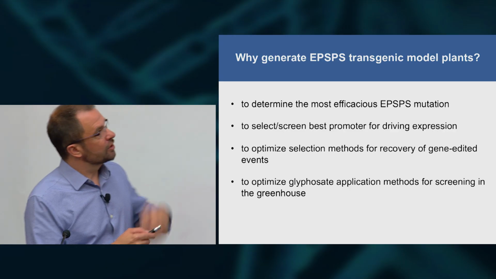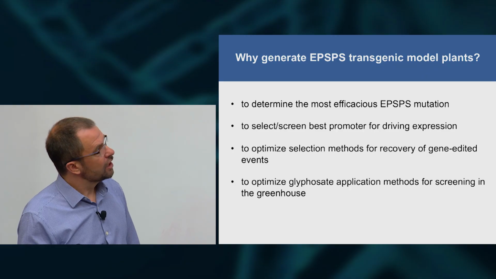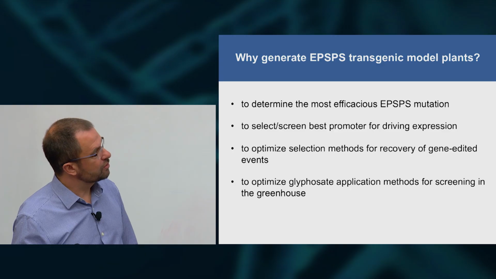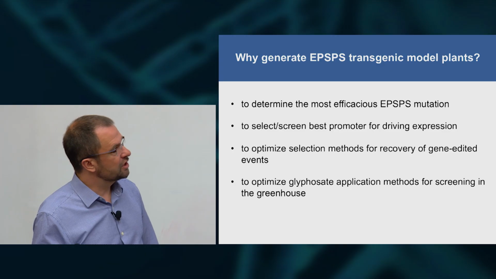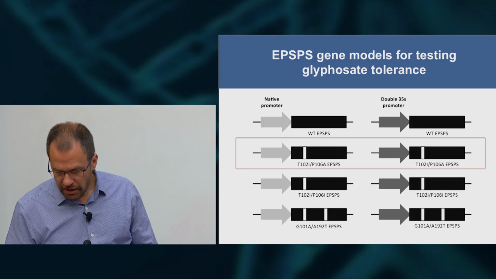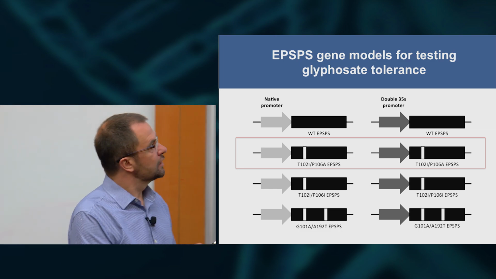And we did this to really make sure we knew which mutations would be best, to identify the ideal promoters for driving expression, and also to optimize selection methods for the gene editing events. And I want to give you some data from a few of these gene models.